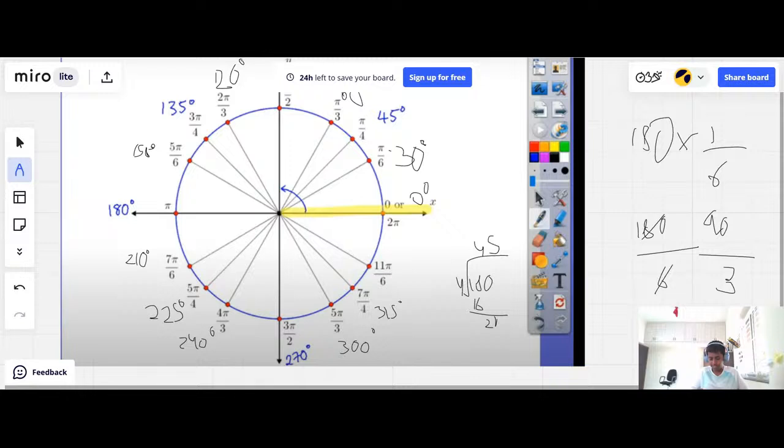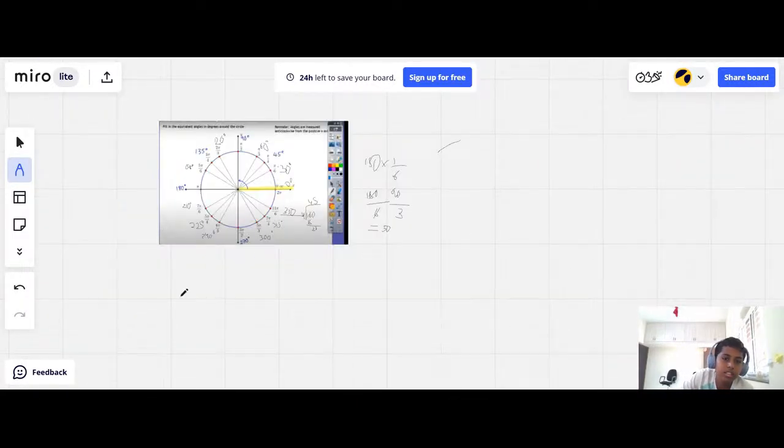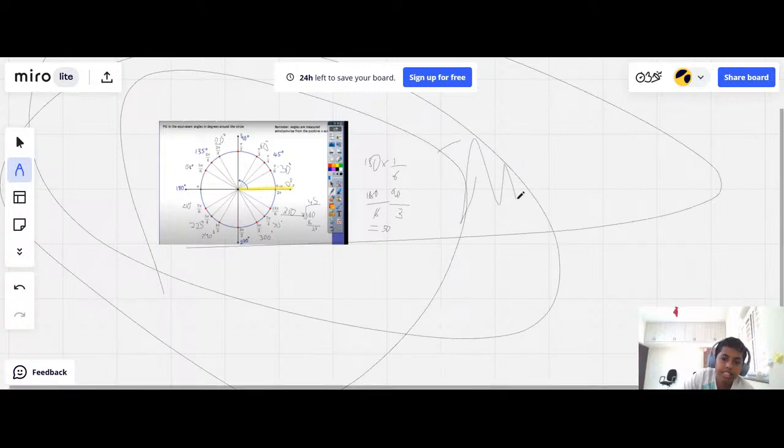No, okay, that's 315. 315 divided by 6. Oh, yeah, 360. So that means 300. No, yeah, 30. That was 330. Are you sure? Yeah, I'm sure. We did it, guys. Woo, we completed. Math's easy, boy.